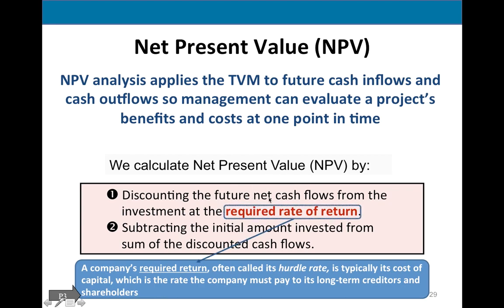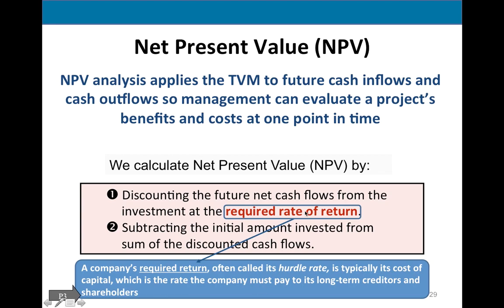We discount future cash flows: a year from now, 2 years from now, 3 years from now, all these different cash flows. Now, it will be different if my cash flows are equal every year. It will be easier to make the calculation versus if they're unequal, where I have to discount all of them. And we are using tables that I described in part 1 of the video, the present value of a dollar table and or the present value of a dollar annuity.